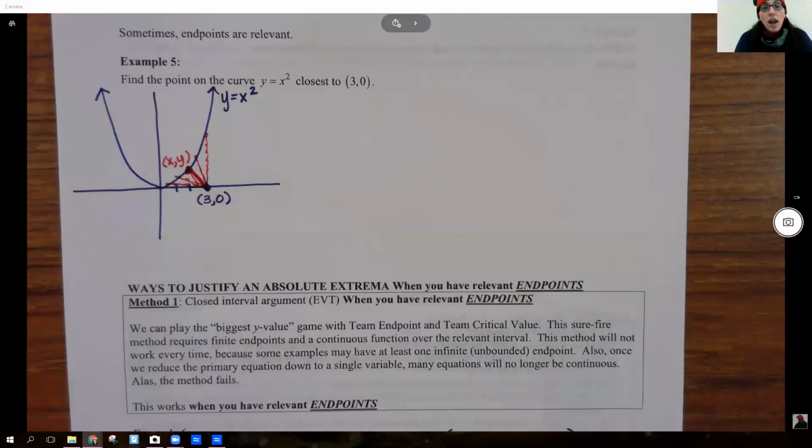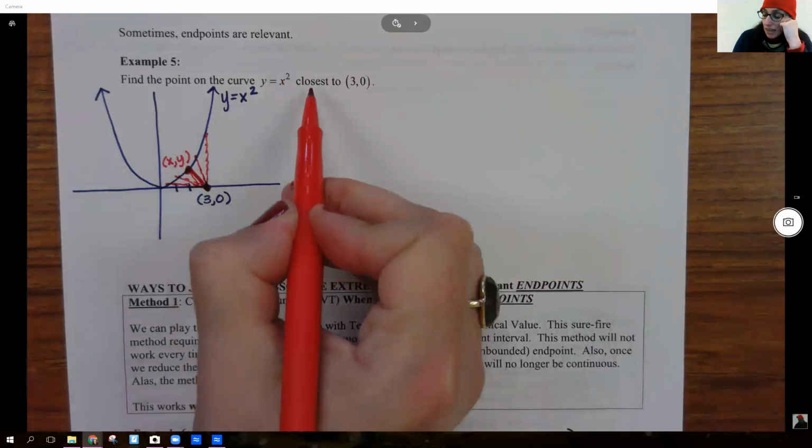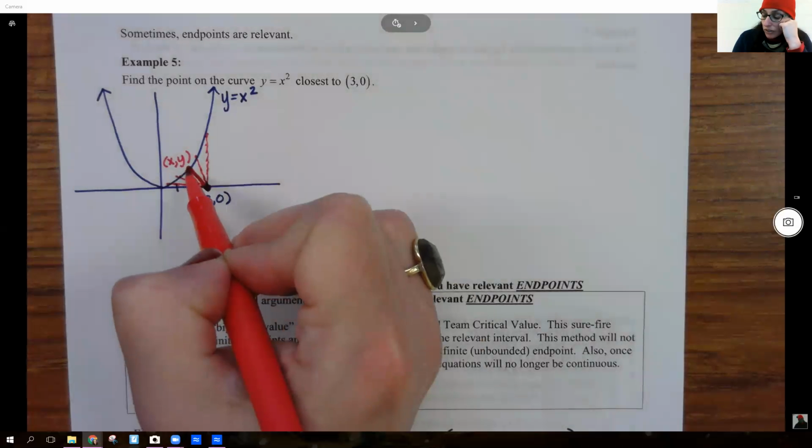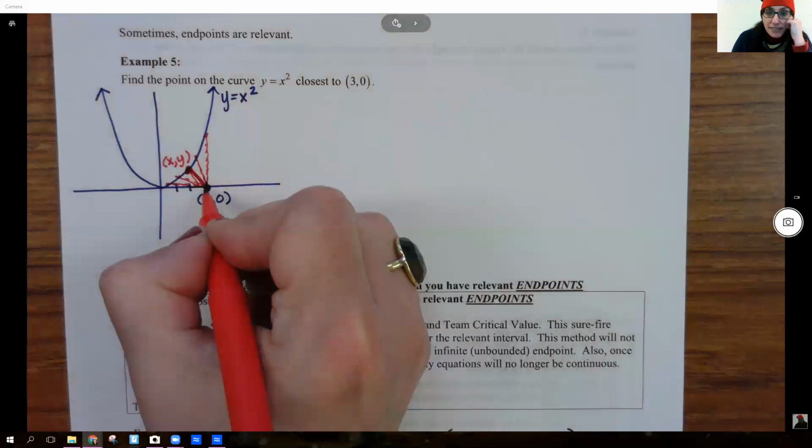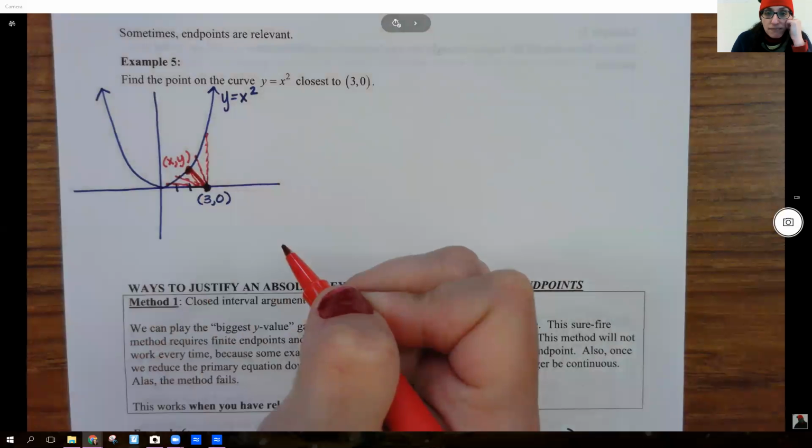And I want this point on the parabola to be the closest to 3, 0. So I'm trying to minimize, I want it to be close, right? So what am I trying to minimize? If I want this point right here to be the closest to that point. Distance.